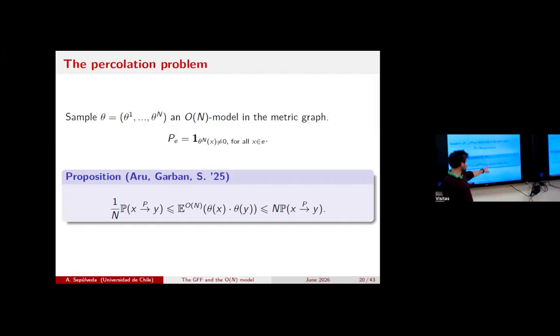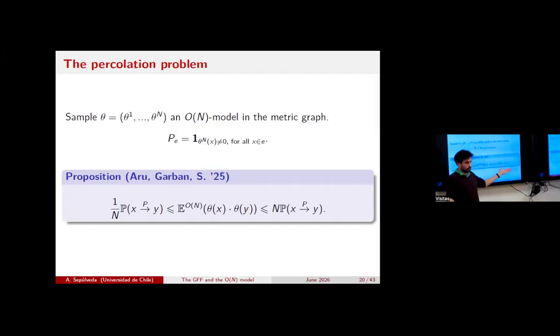So we just need to upper bound theta_x^n times theta_y^n, and we need to bound it by the probability that x is connected to y. When x is connected to y by a positive path, by a path which does not cross zero, then both of them have the same sign by continuity. If I go from this one to this one and I didn't cross 0, then they have to have the same sign, so the product is at most 1.